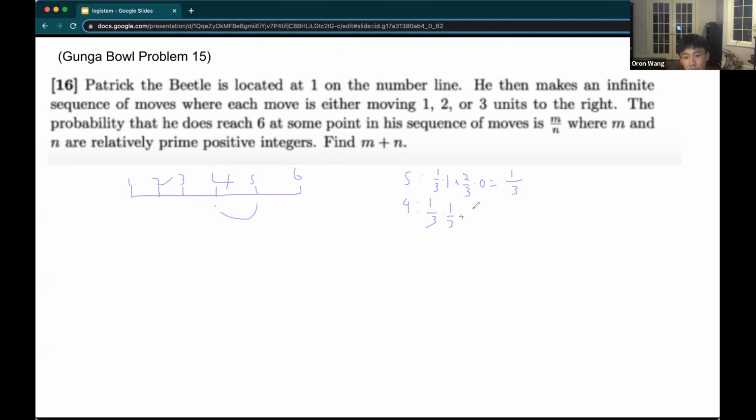And then it's also a 1/3 chance he moves 2 units to the right and just lands on 6, which is also probability 1. And then finally there's a 1/3 chance he moves 3 units to the right and skips 6 entirely. That's probability 0. In total for 4, there's a 4/9 chance that he'll reach 6 if he starts at 4.